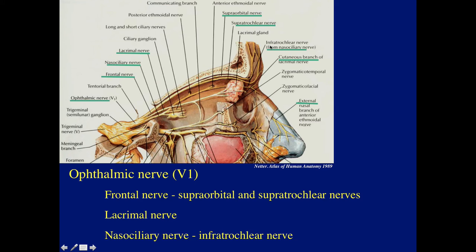And those are the branches coming off the infratrochlear nerve and the cutaneous branches of the lacrimal nerve, and then there's some nasal branches from the ethmoidal. So all these nerves within the orbit continue on the surface of the skull, and that's an important issue here.